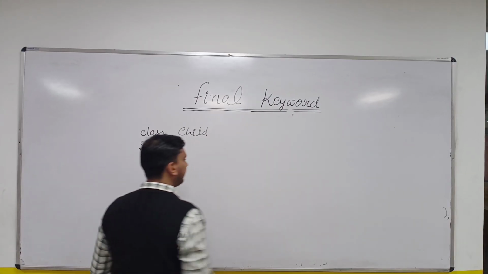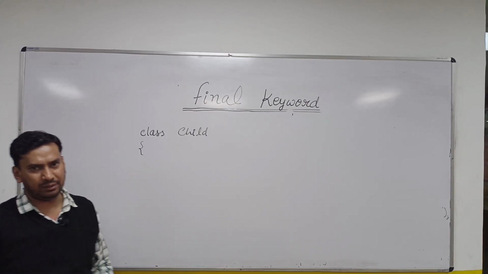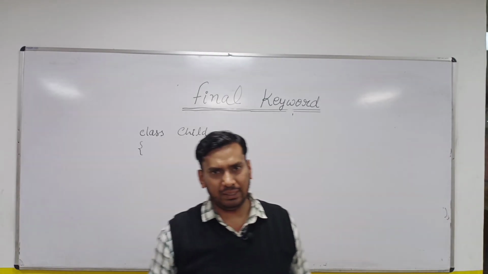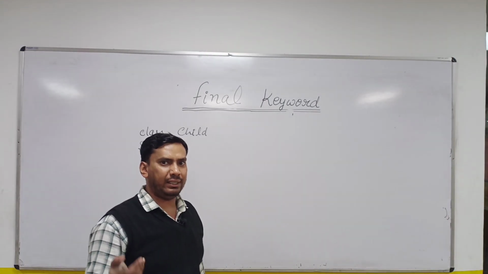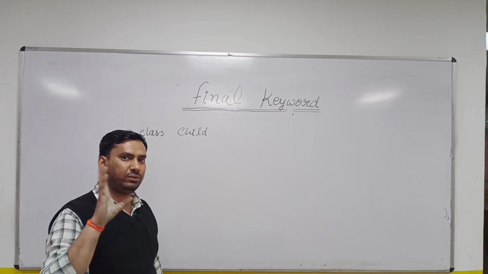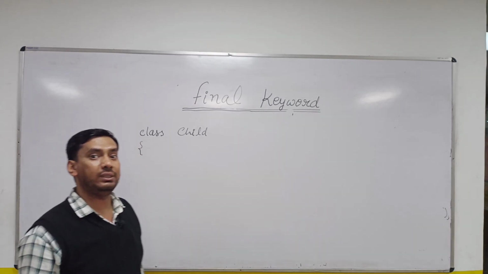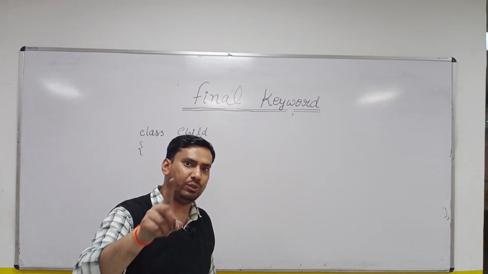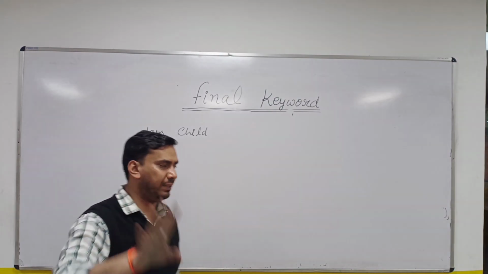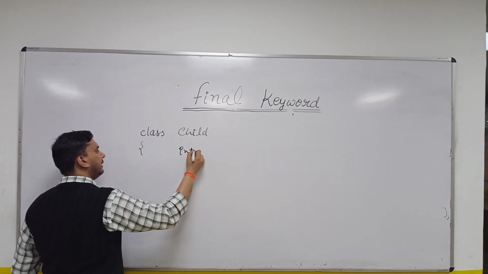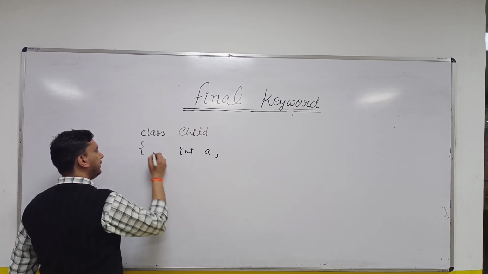If you are declaring a final member of your class, or a final local variable, it does not get any kind of default value. So you are allowed to assign the value, but not allowed to reassign it. Final means you can assign the value only once, but you cannot reassign. This is very important. So let's say I have created some int a, which is declared final.